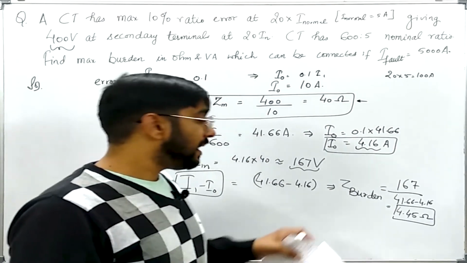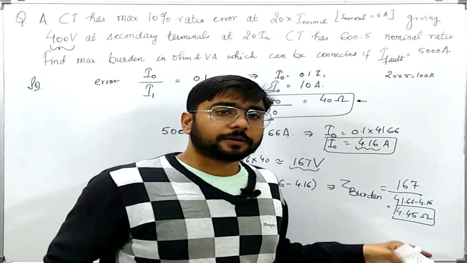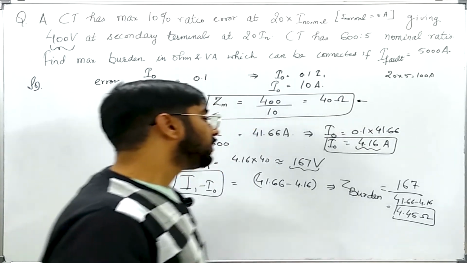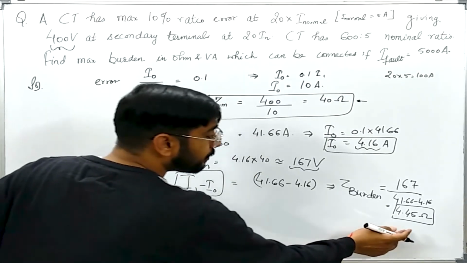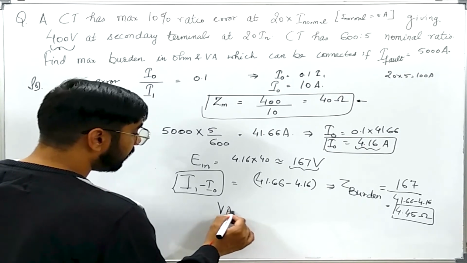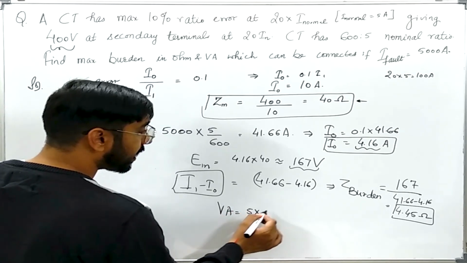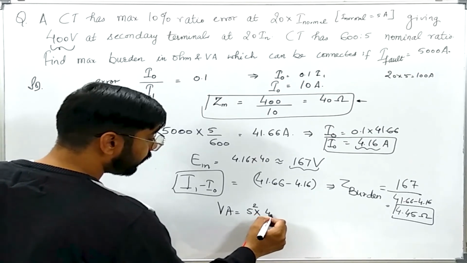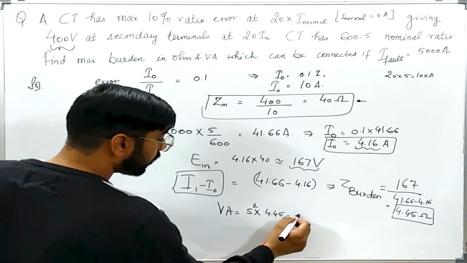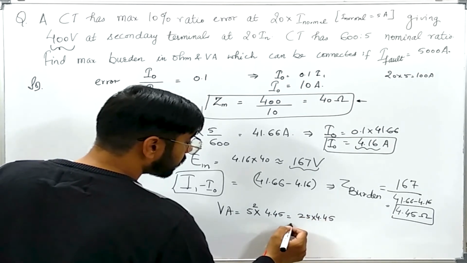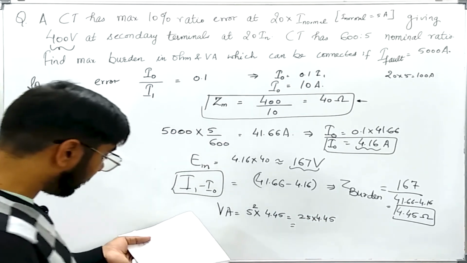Any burden less than this value will give very good results, that is, error will be very less compared to 10%. Now let us find the rating of this burden on the normal rated current. The VA rating of burden will be simply the rated current 5 into I square Z. So it comes out to be around 116.